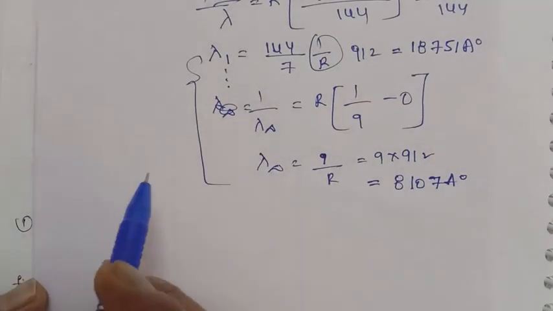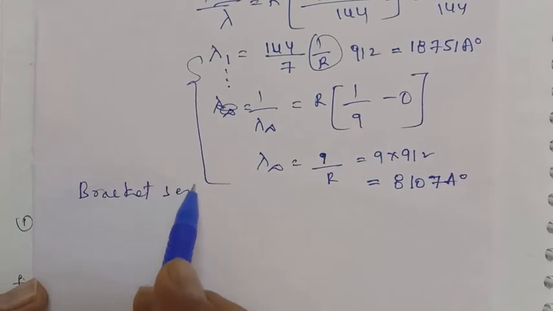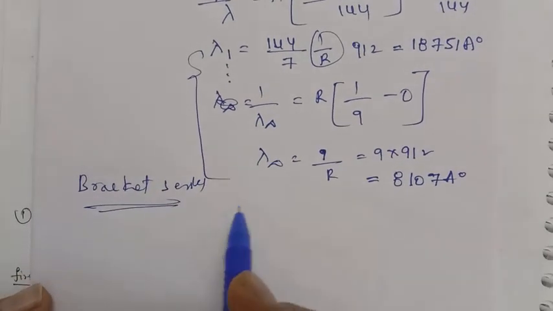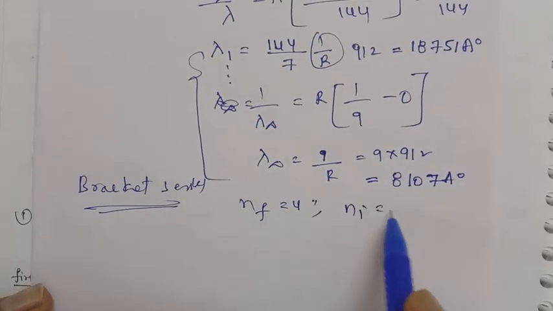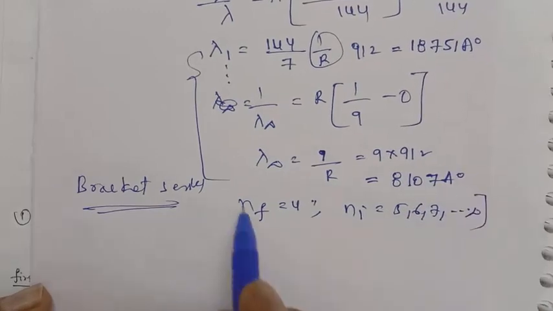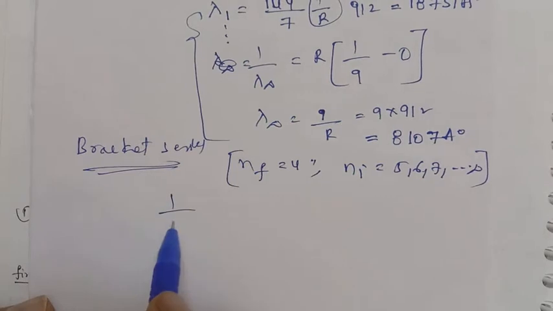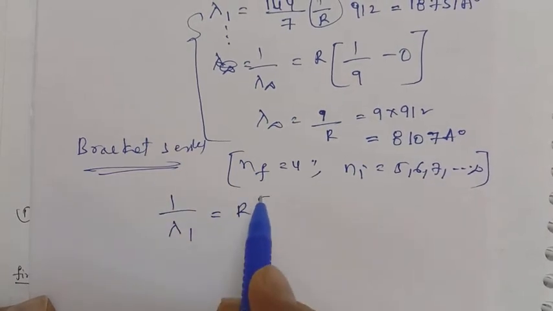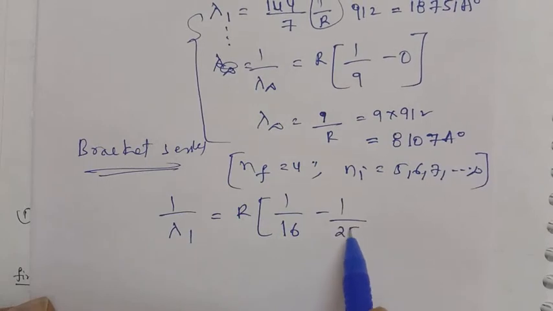And next one is the Brackett series. So Nf is equal to 4 and Ni is equal to here 5, 6, 7 and so on up to infinity. This series is called the Brackett series. So then 1 by lambda 1 is equal to R into 1 by 16 minus 1 by 25.